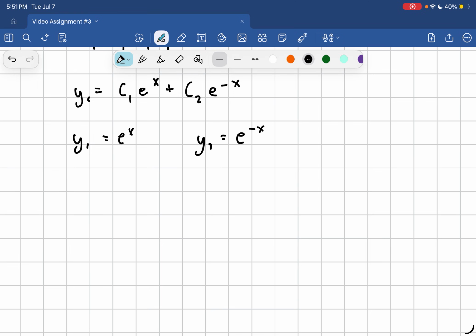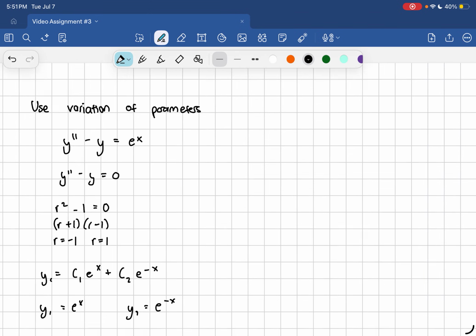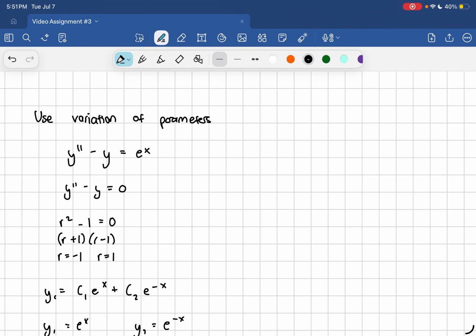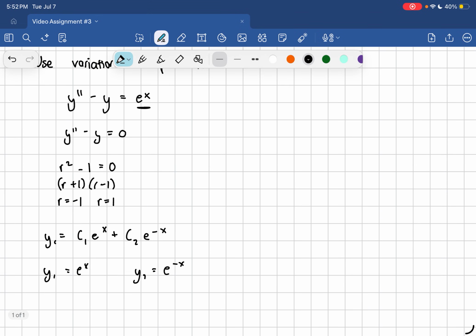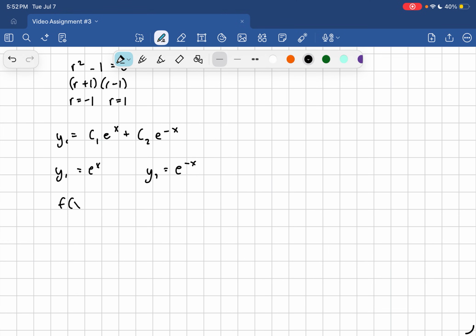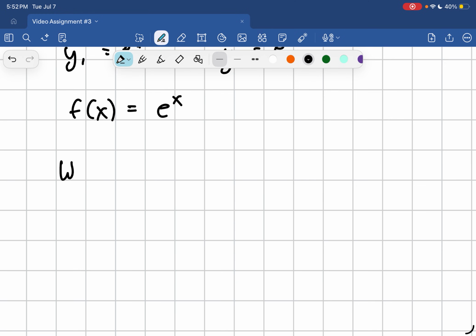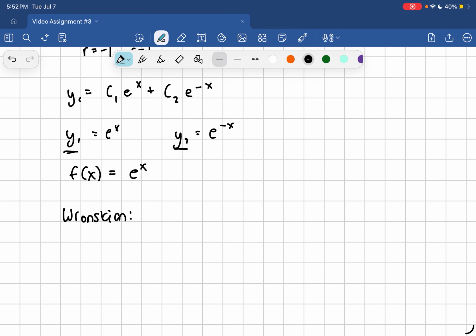So this will be for us trying to solve the non-homogeneous problem. Since this makes it homogeneous, this makes it non-homogeneous, so our non-homogeneous term is e to the x. And the Wronskian, like I was saying earlier, is going to be calculated from these two solutions that we have here.